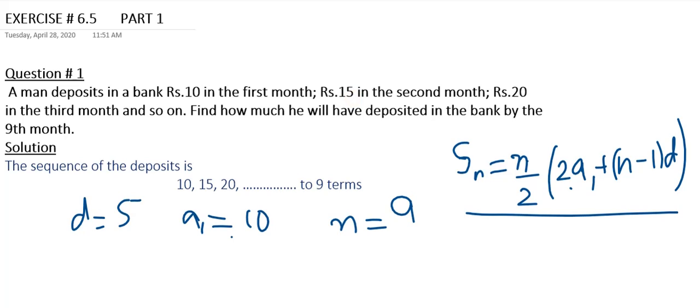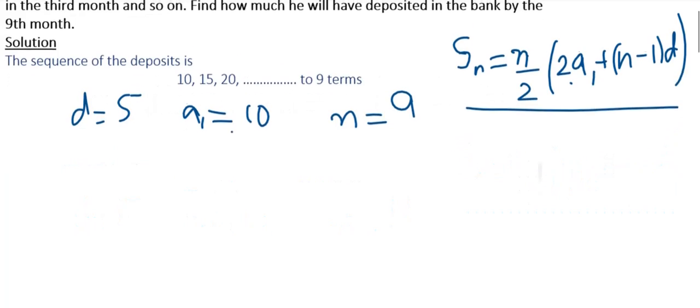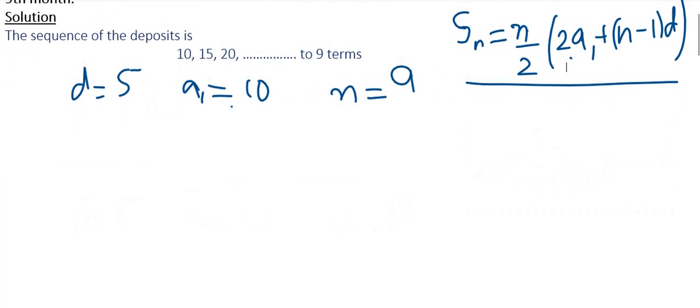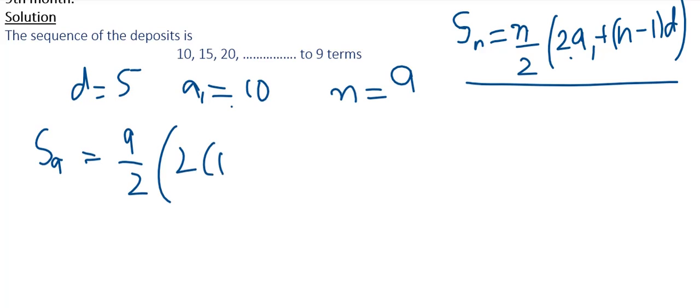You can see that we have all these terms. So after putting these values in the formula, we can find the sum of series. So S9 is equal to 9/2, 2a1, we have a1 which is 10, plus n is 9 minus 1, and d is 5.